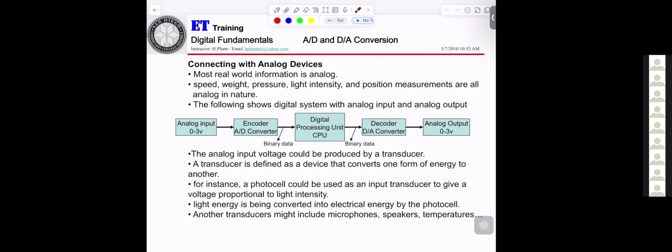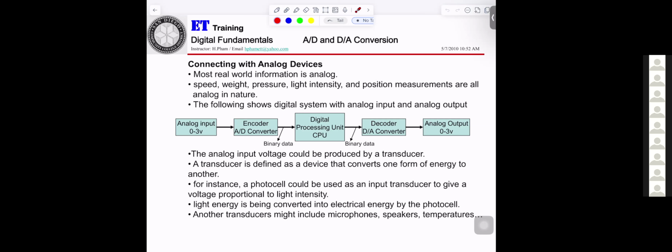Basically, the computer cannot do anything with the analog signal. Inside the computer, there is only binary, either 0 or 1, and nothing else. So your voice has to be converted into binary.